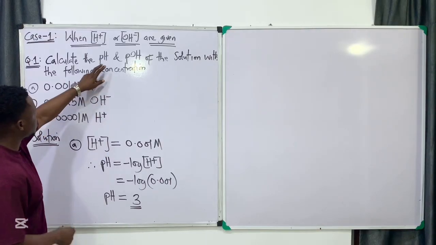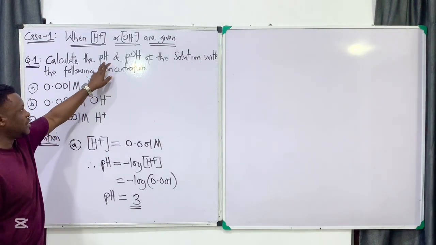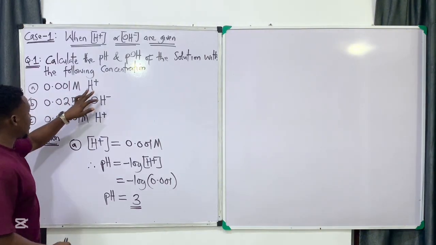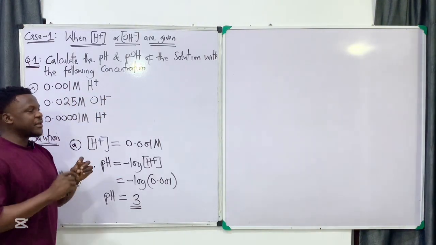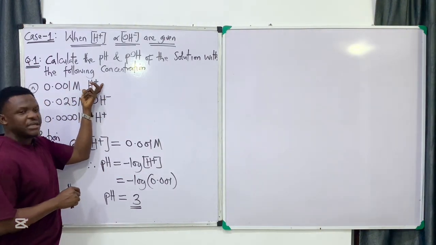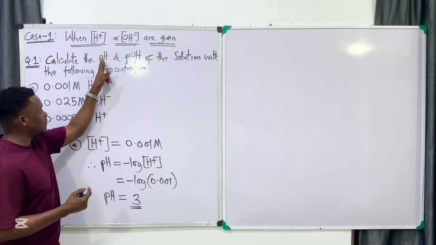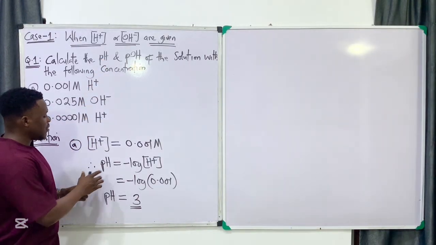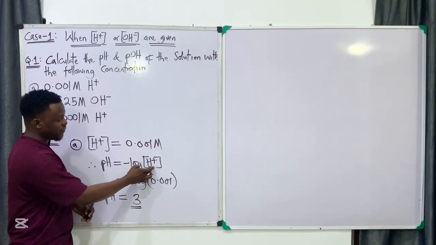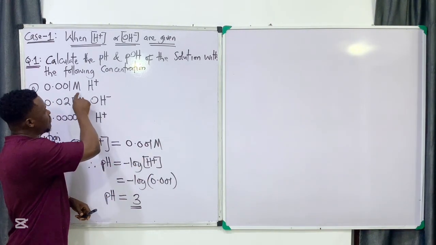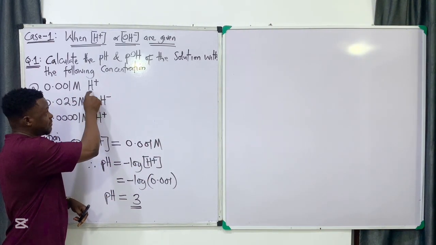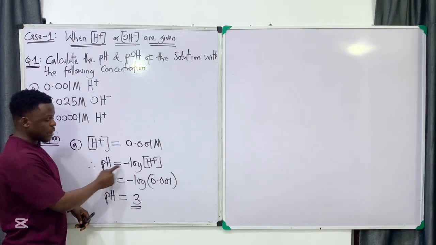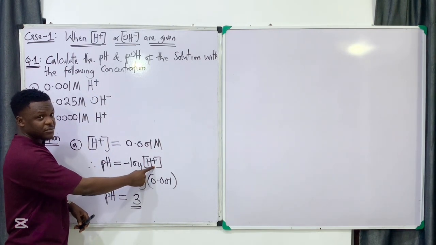Remember, they did not ask us to solve for only pH. They said pH and pOH, right? But since for the first one, they gave me H plus, class, depending on the values given to me here, that will determine whether I will solve for pH first or pOH first. Now, if you look at the formula, pH is negative log of H plus. And since they gave me H plus first in this first question, I need to first of all solve my pH, so I can make use of this H plus, right?